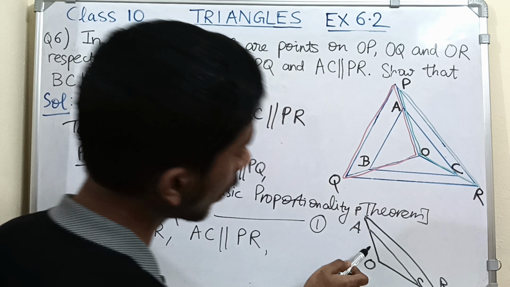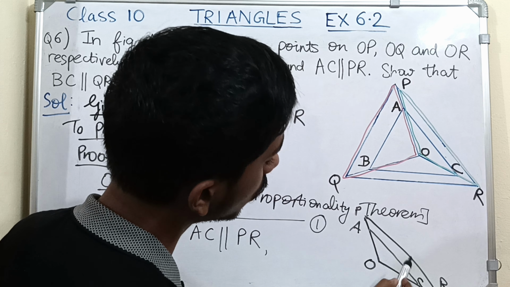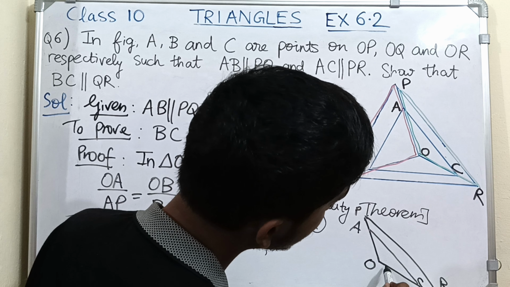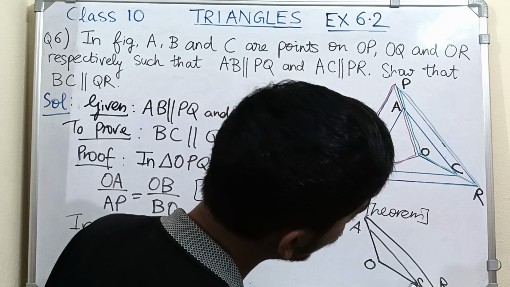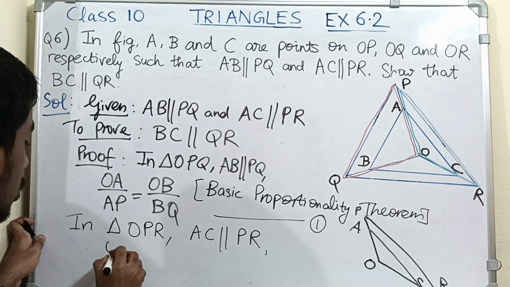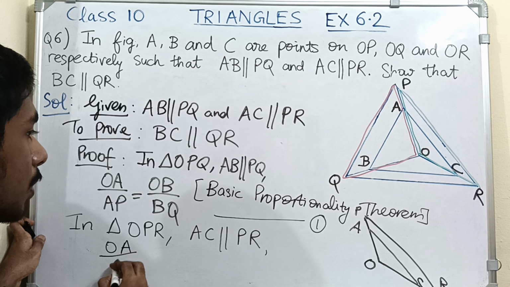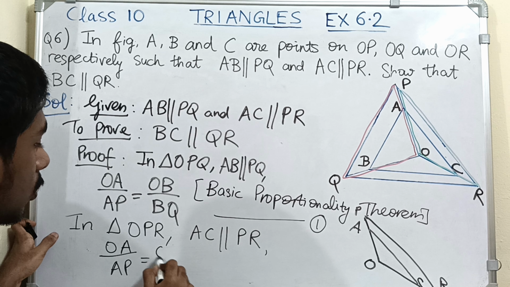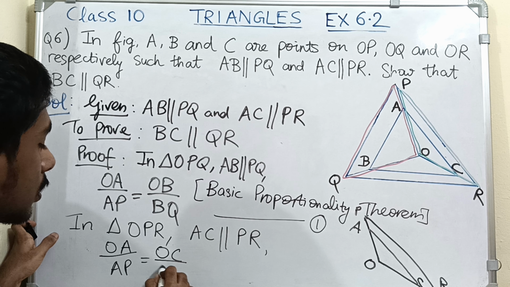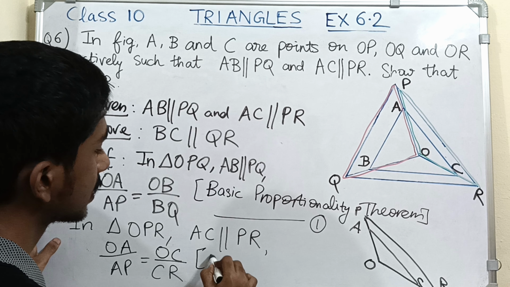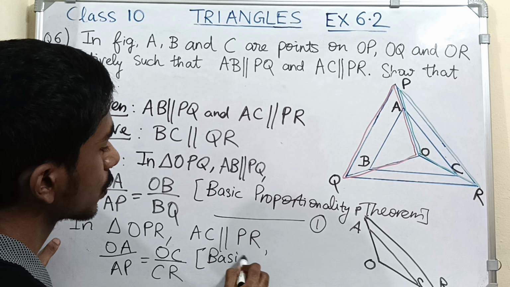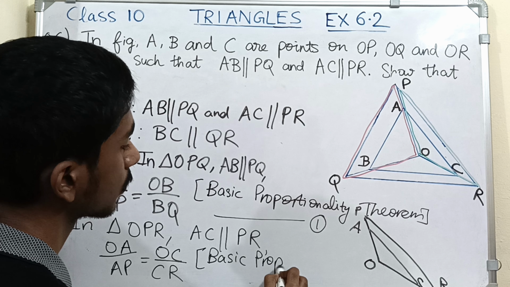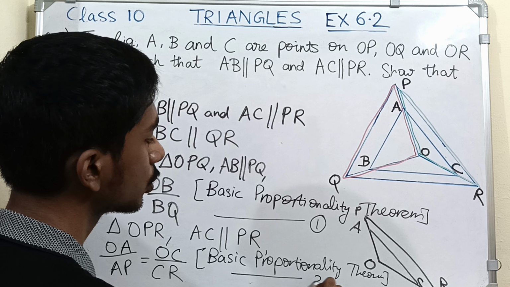So we have OA by AP is equal to OC over CR. The reason is same, we use basic proportionality theorem. Let this be equation number 2.